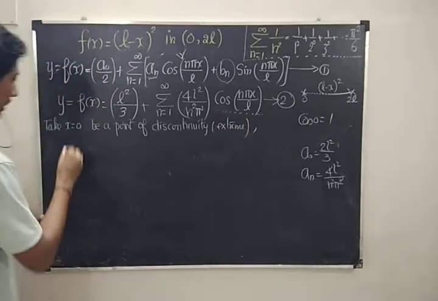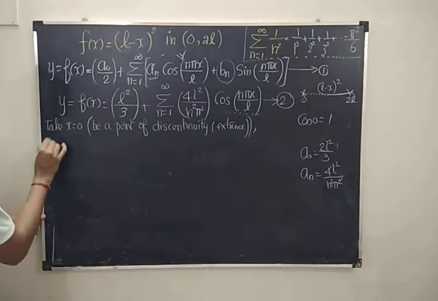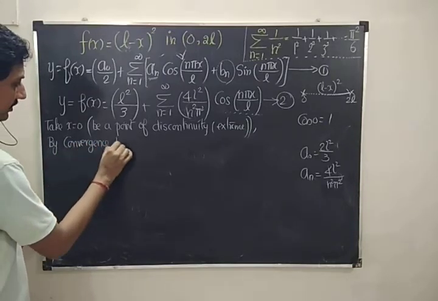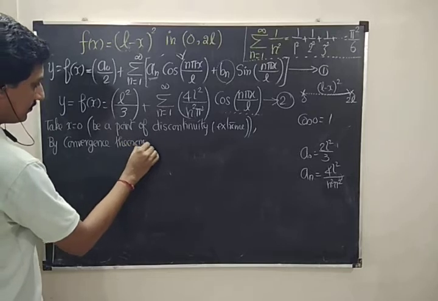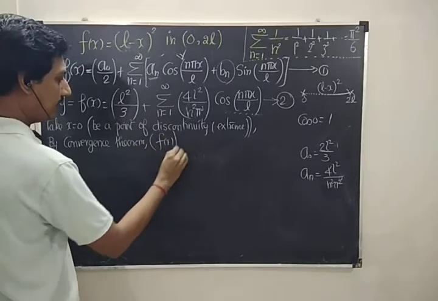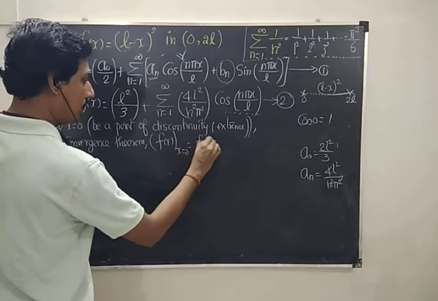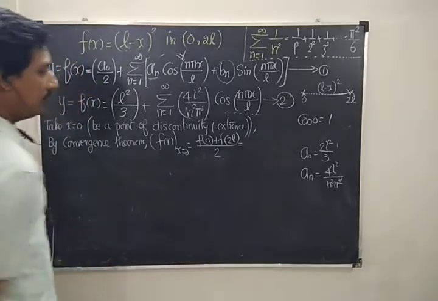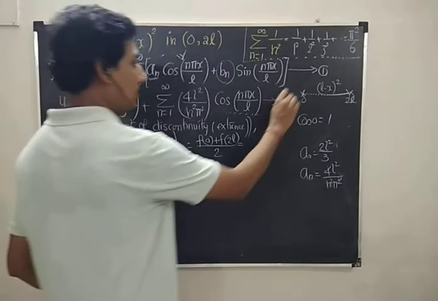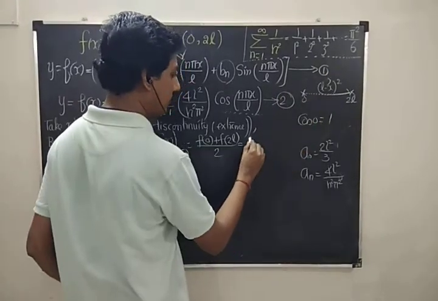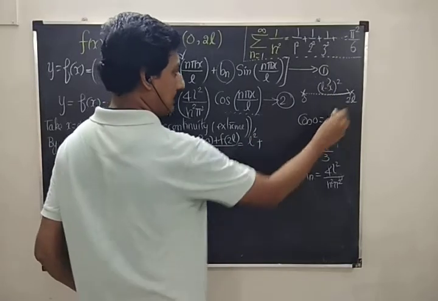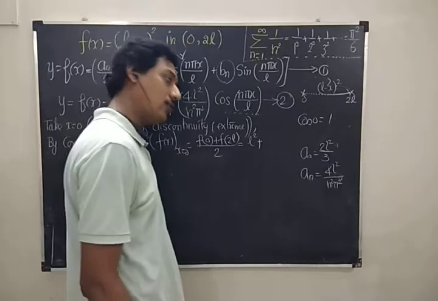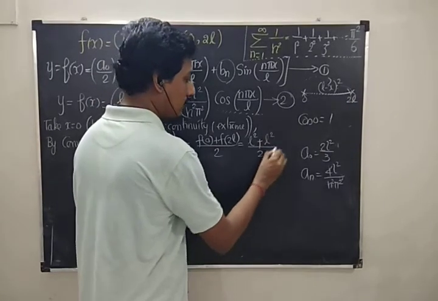So by the convergence theorem, f of x at x equal to 0 is equal to the average of both the extreme points. Now substitute x equal to 0, I am getting L minus 0 whole square is L square, plus substituting x equal to 2L, I am getting L minus 2L is minus L, so the whole square is plus L square, by 2. So the answer is L square.